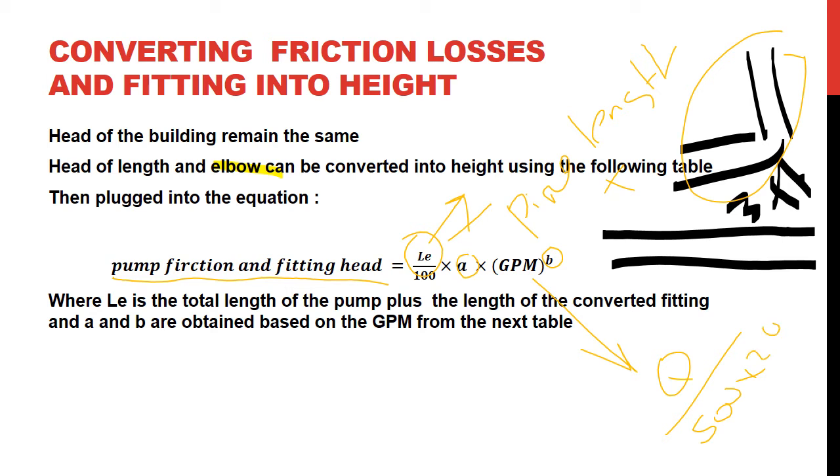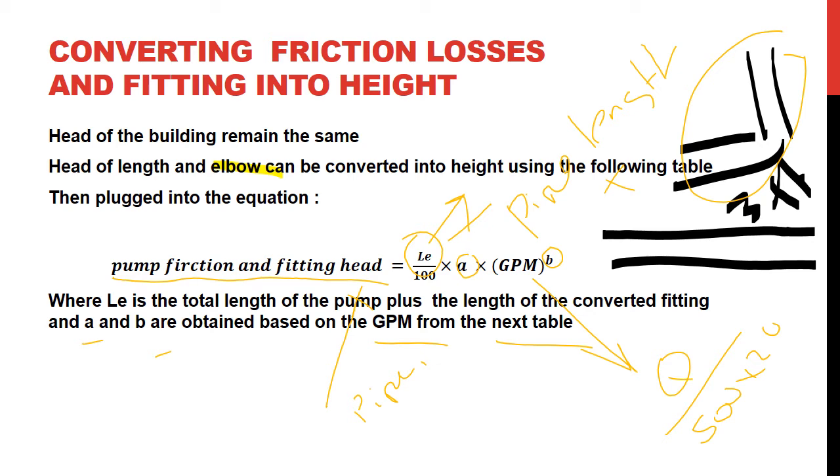Okay, so LE is the total length of the pipes plus the length of the converted fittings, and A and B are obtained based on the GPM from the next table.